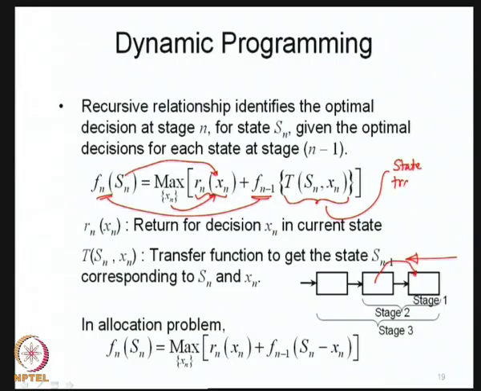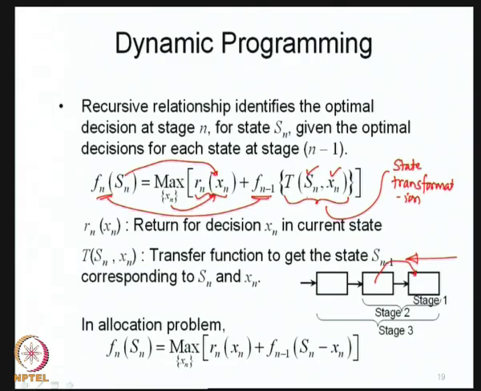We will call it state transformation. So, it is in fact a function. It will be a function of Sn, which is the state at that stage n, and xn, which is the decision that you are making given the state Sn.